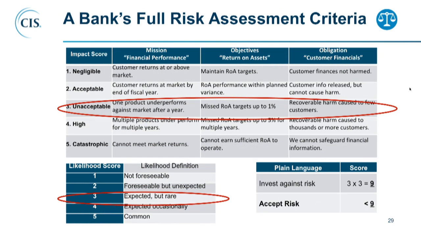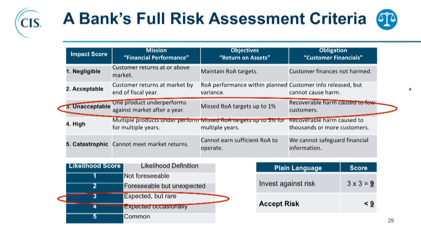This is what it looks like in what we call acceptable risk criteria. So what we've got is a way to declare a mission, objectives, and obligations, each described the way we laid it out. This is for a retail bank. This is a simplified view. They get more complicated than this, but this illustrates the point. And then the likelihood.